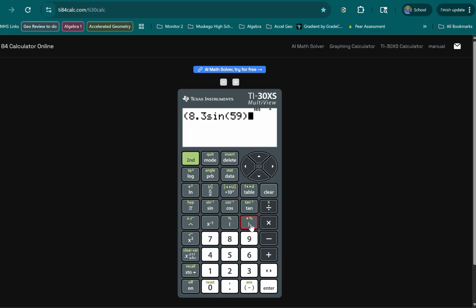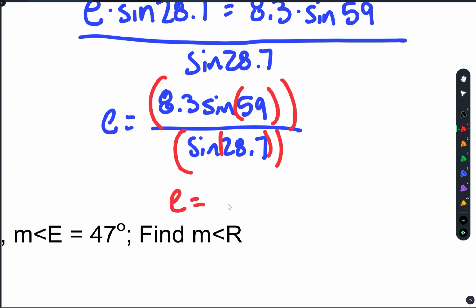I have to close that one, and then close my numerator, and then divide by sine 28.7, and close that. So we should be getting 14.8. Any questions on that? Okay. So E equals 14.8. Amazing.